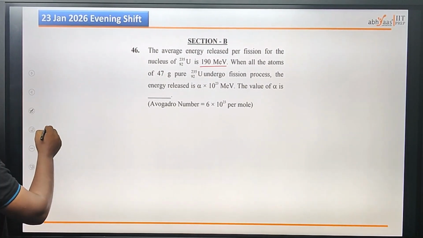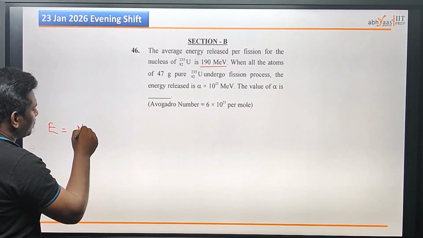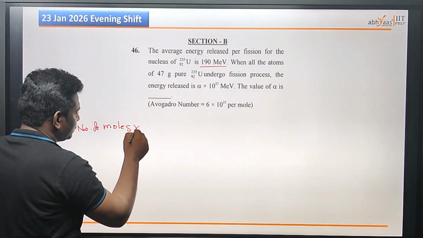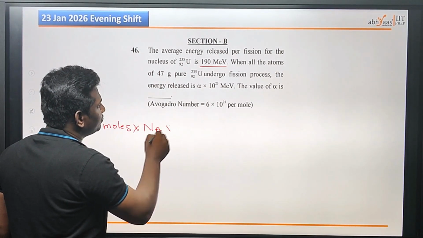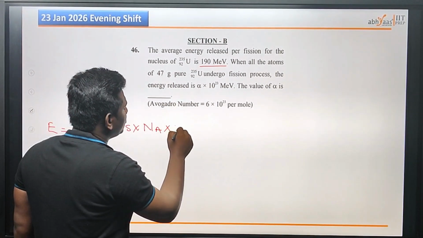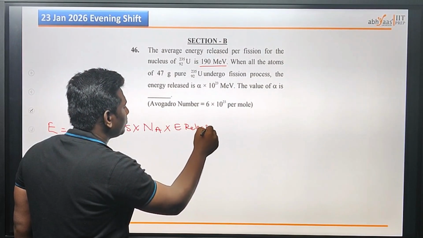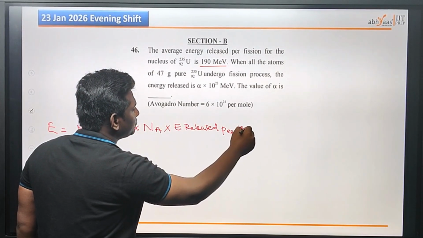Energy released E can be written as number of moles into Avogadro number Na into energy released per fission.